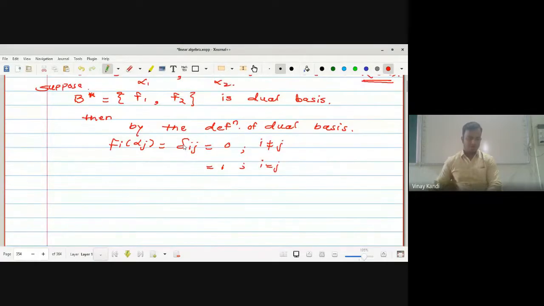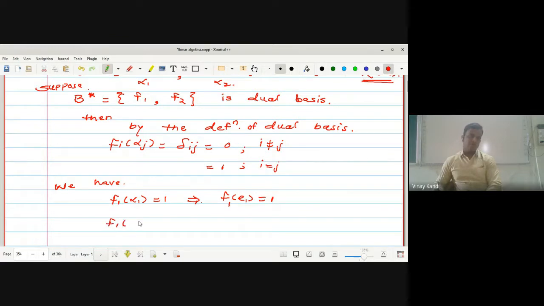Okay, so we have, put i is equal to 1, f1, and j is equal to 1, alpha 1. What will be the value of this? 1. Is it correct? So this implies f1 of alpha 1, which is E1, is equal to 1. Okay.